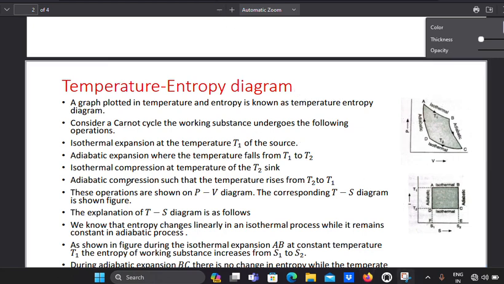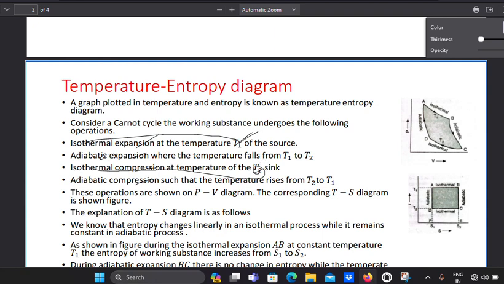Okay, now adiabatic compression. See here, expansion, compression, I just told you. Isothermal compression at a temperature T2, adiabatic compression such that the temperature rises from T1 to T2. See here, this takes place at a constant temperature, and this also takes place at a constant temperature, but this constant temperature is higher and this is lower.